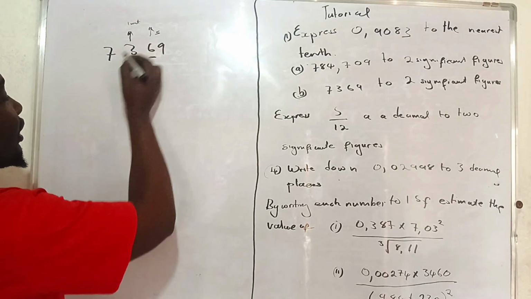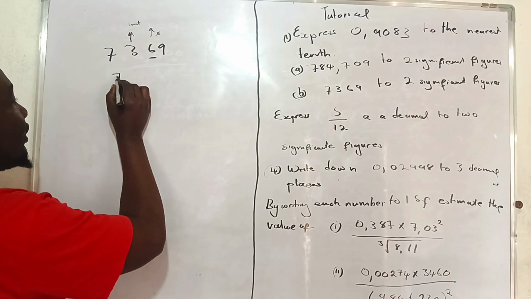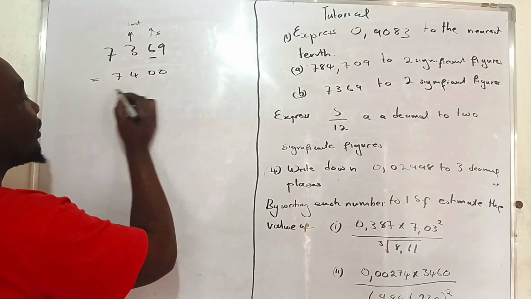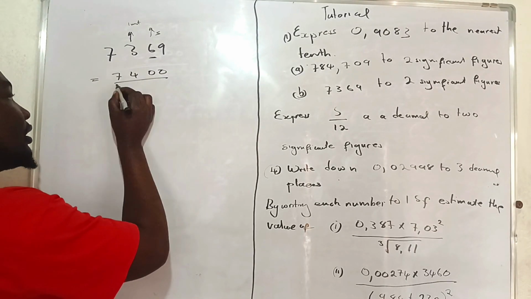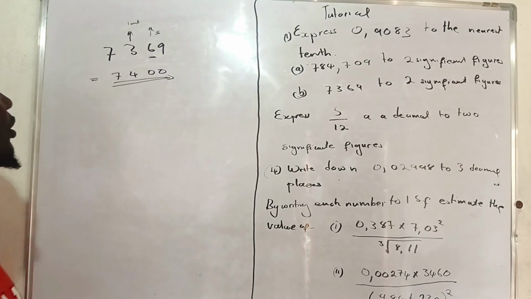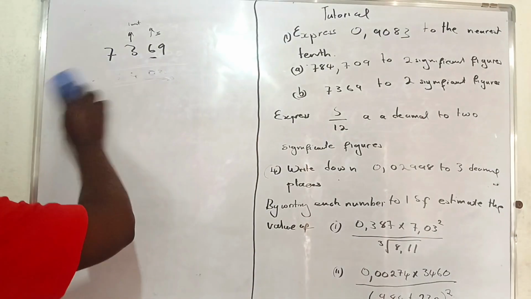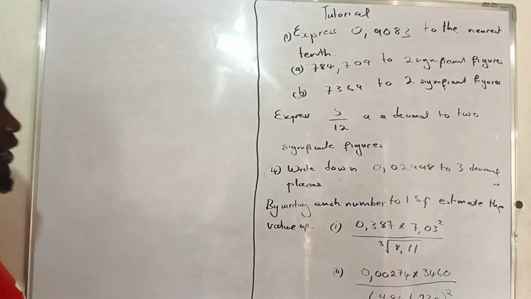So 6 is greater than 5, which means the answer is going to be 7,400. So we have rounded off to two significant figures. So let's move on to the next one.